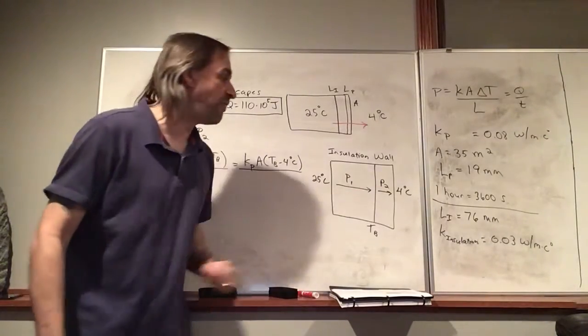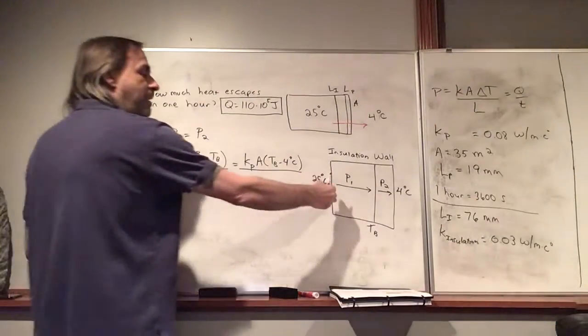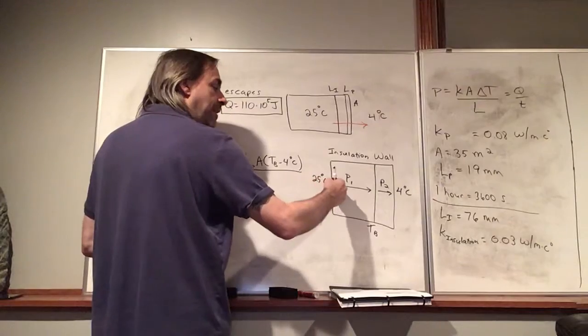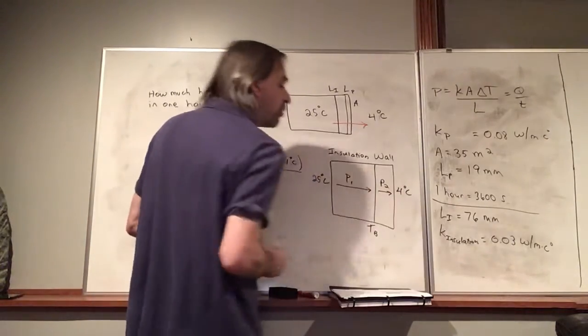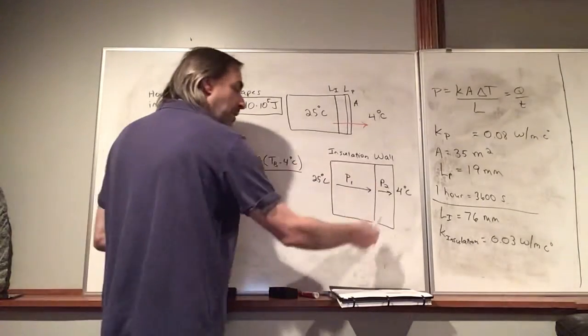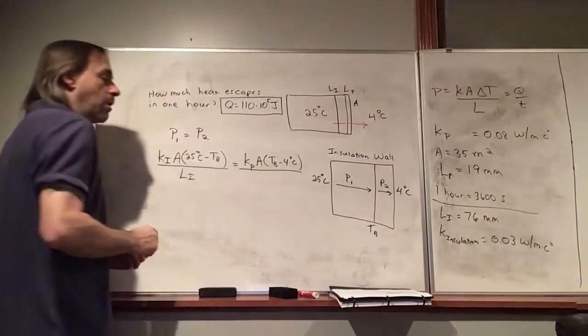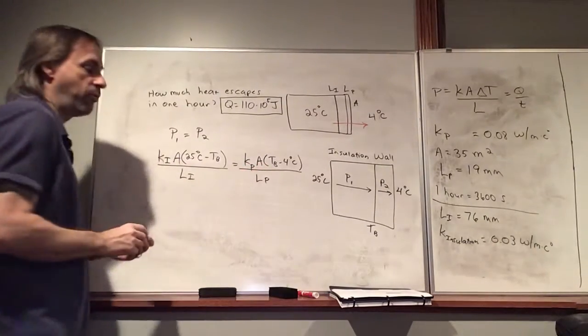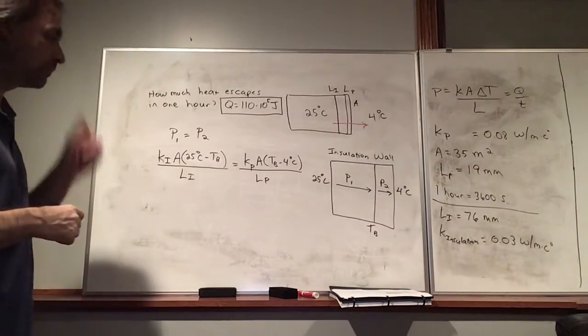So it's going to be more than 4. If we look at the temperature just going down, it starts at 25 and then it's going to decrease and decrease. Eventually it'll be 4 at the far end. So whatever this is in this boundary, we still don't know that. And then this would be L for the wall.